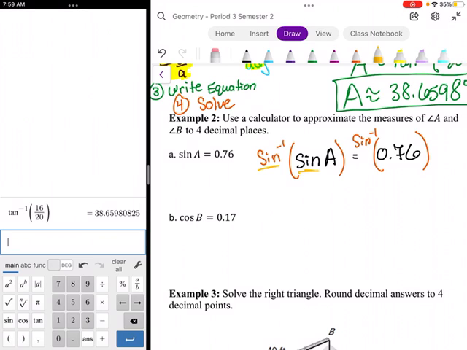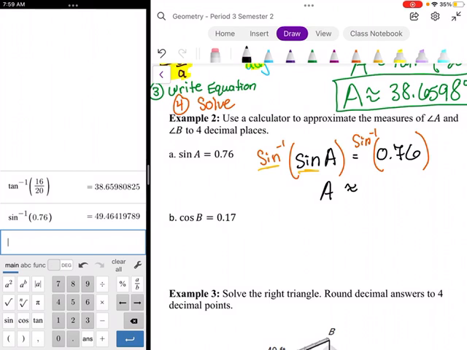So this one, they gave us sine of A, so we're going to use the inverse of sine to figure out what angle A equals. And when we do that, we're going to get A is about equal to 49.4642 degrees.